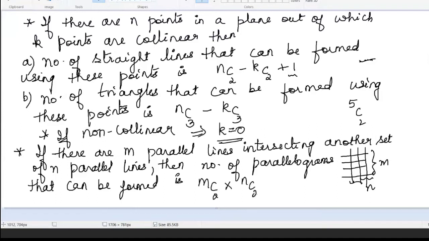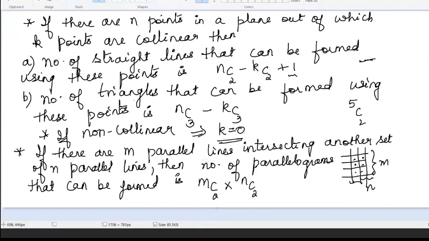Suppose here, this is a parallelogram, this is a parallelogram, this is a parallelogram, everywhere I can find. So the parallelogram here requires 2 sides. Here the vertical one will require and the horizontal one. The vertical one is nothing but what we have named as M. So therefore from there I require to form a line, I require 2 points.